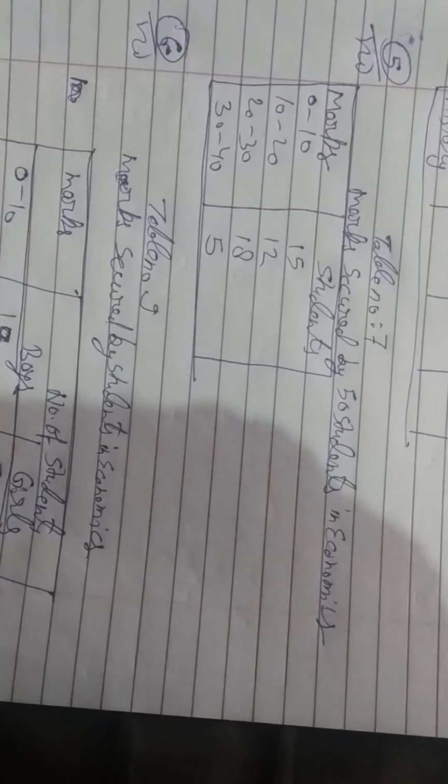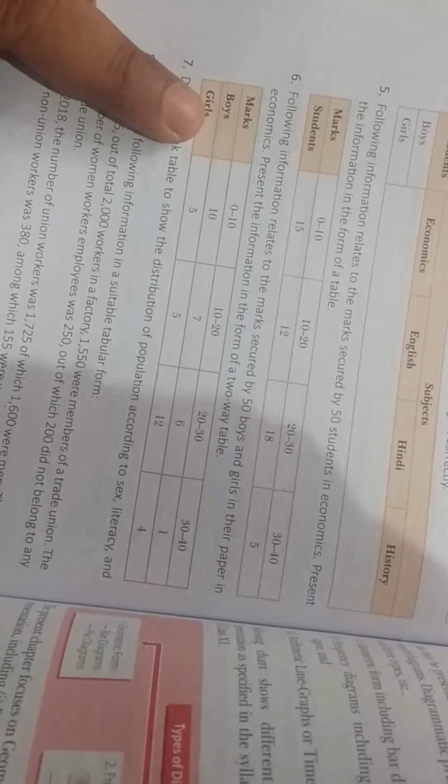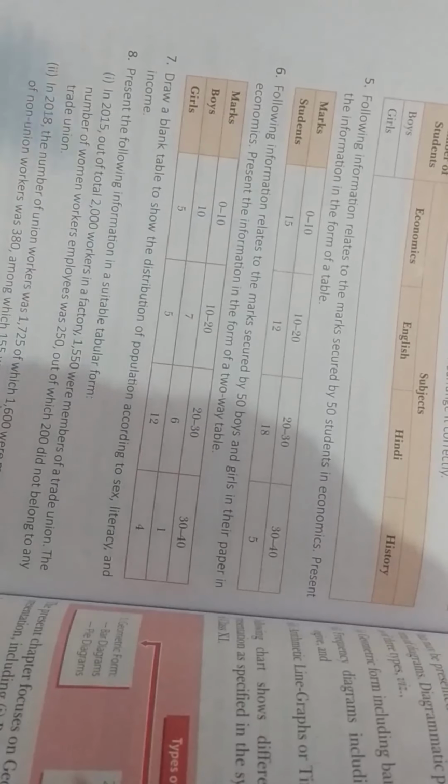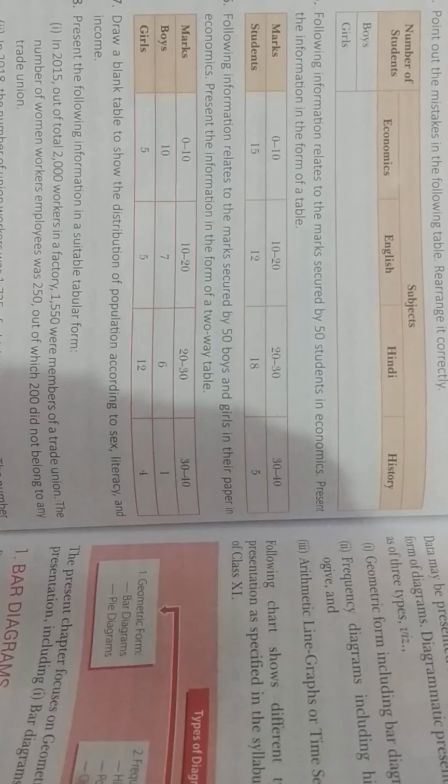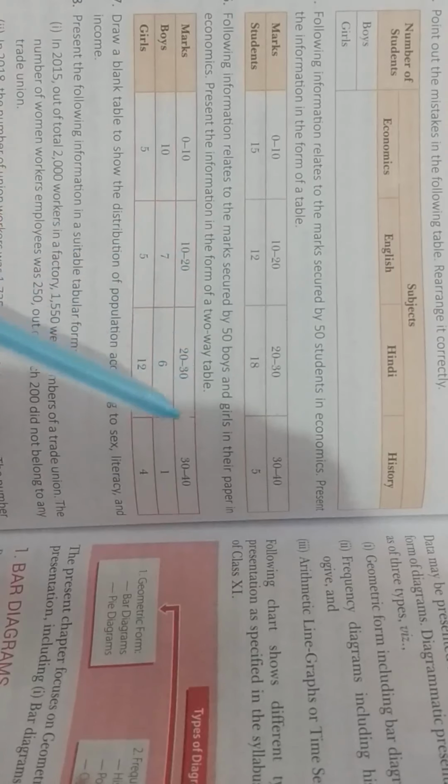Then we have the other question, that is question number 6. Now if we see, this question is an extension of the previous question. Following information relates to the marks secured by 50 boys and girls in their paper in economics. Present the information in the form of a two-way table.